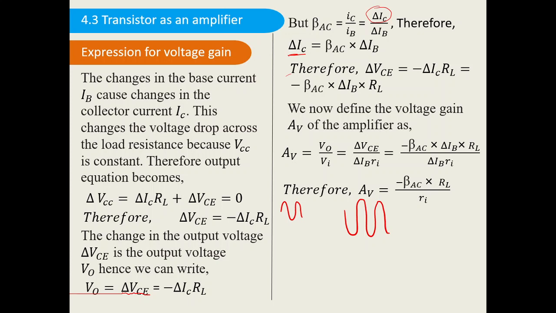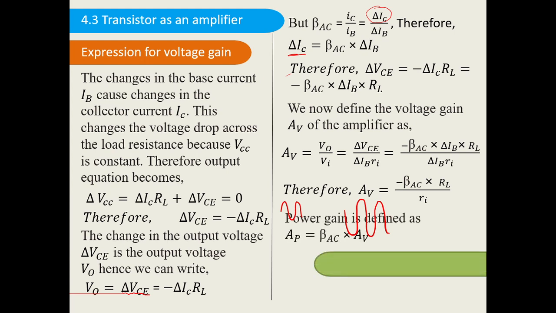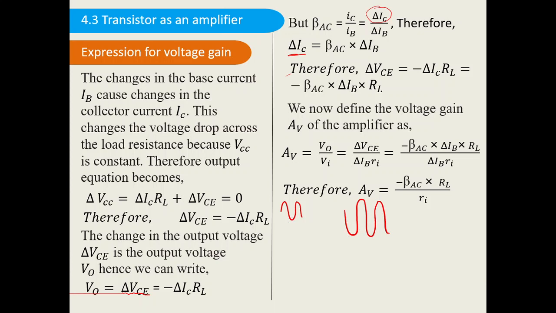We were not clear how it is possible that the input and output are inverted of each other. It is because of the negative sign that we get here: minus beta AC into RL divided by RI. The input and output are actually out of phase.